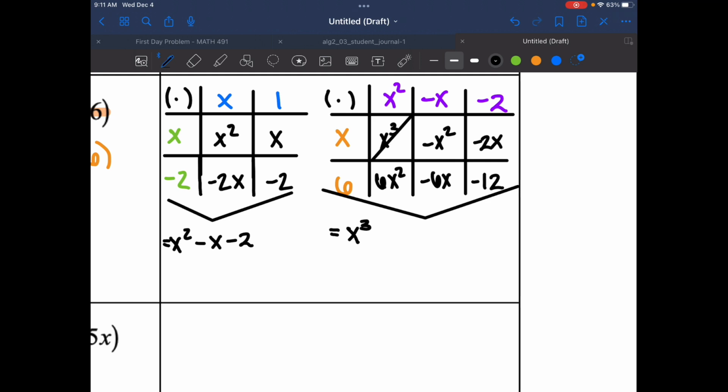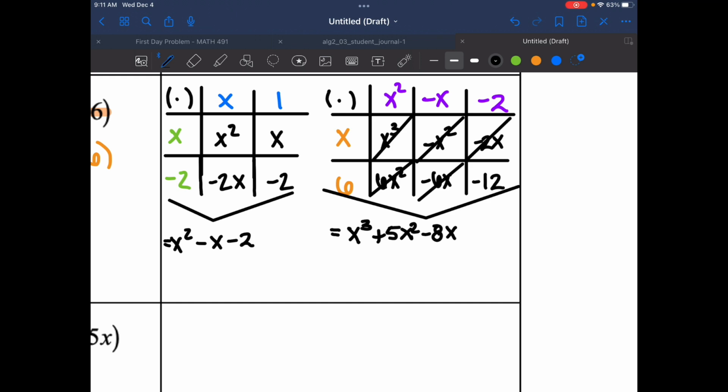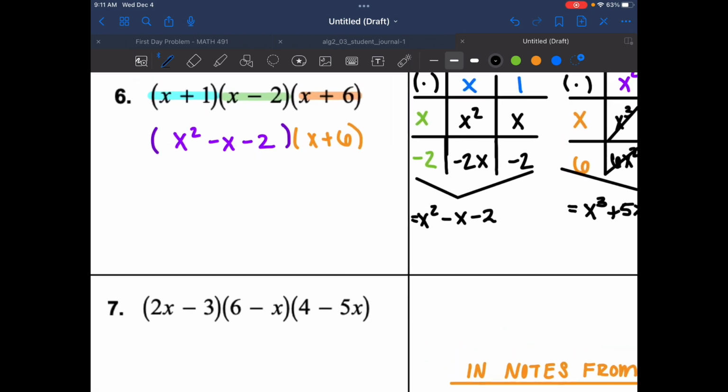I didn't mean to make it a little tiny ellipse there. There we go. I see 2 x to the second power, so I'm going to combine those. So 6 minus 1, that's going to be 5, so plus 5x squared. Okay, I see a negative 2x and I see a negative 6x, and those are going to add to be negative 8. So negative 8x minus 12. Okay. And that's going to be your answer.